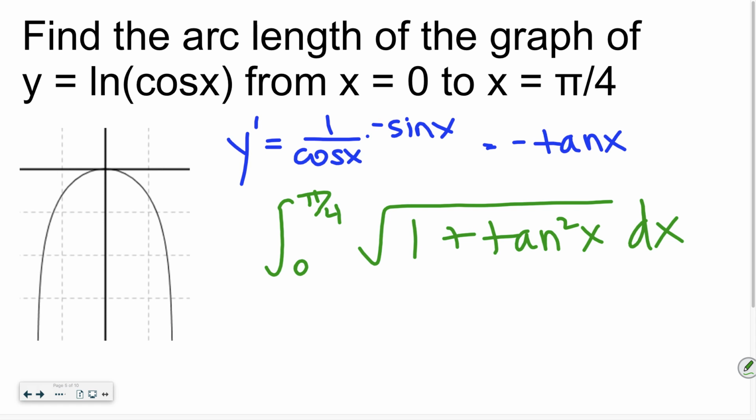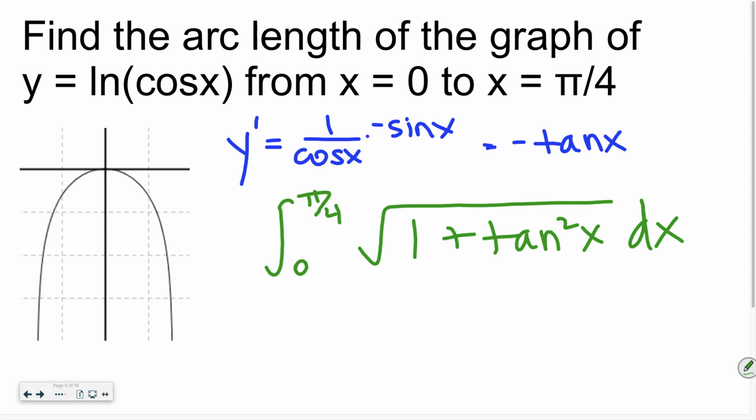We have the square root of 1 plus our derivative squared. 1 plus tangent squared is a Pythagorean identity. Which one is it? What do you remember, Jackson?